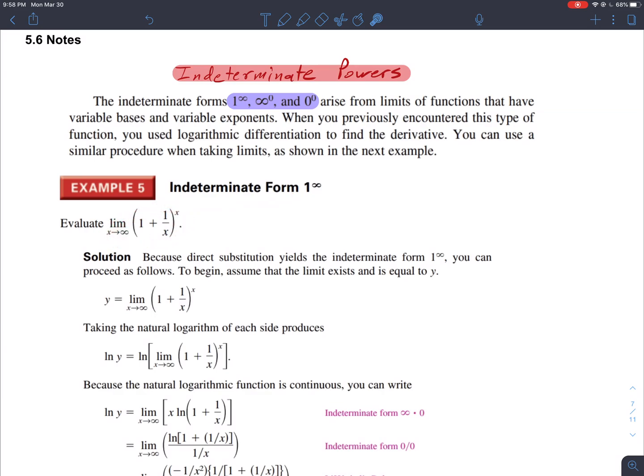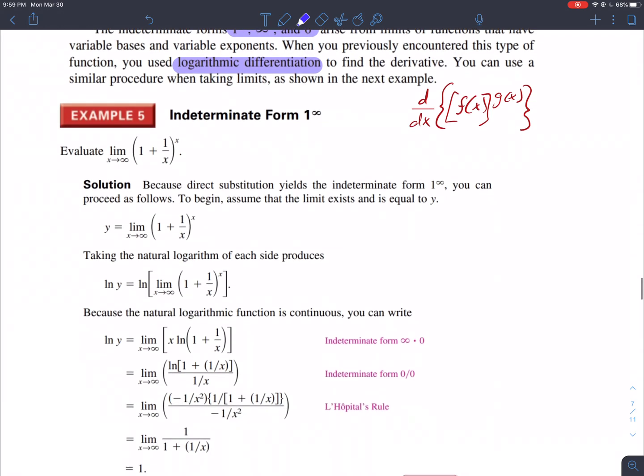When we had this sort of situation in the past where we had a function raised to a function of x, and we wanted to take the derivative of that, we had a rule before where we said if this is something you are asked to do, use logarithmic differentiation. Well, we're going to do something similar to that on these limits. We're going to use logarithms to solve them.